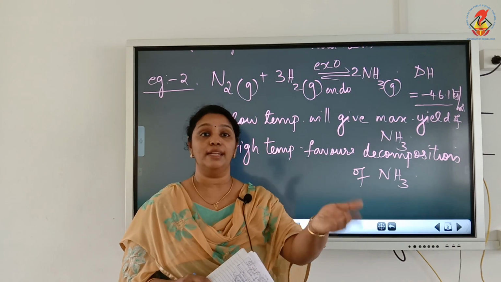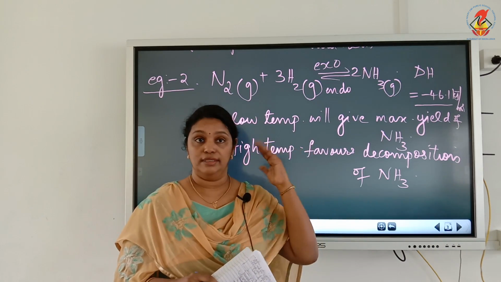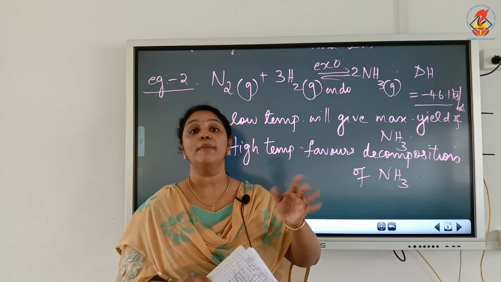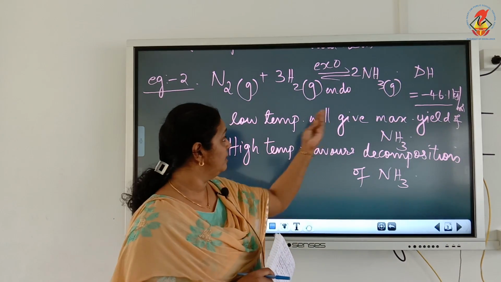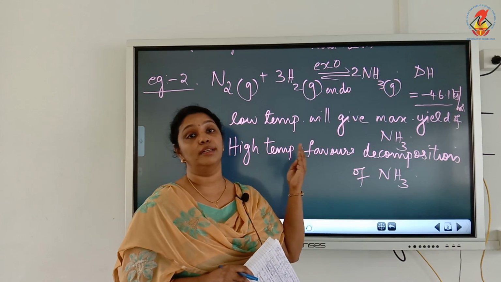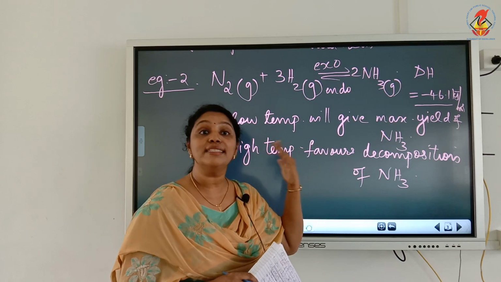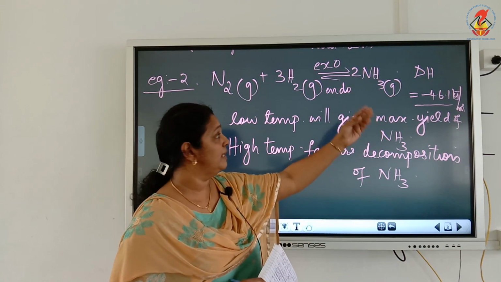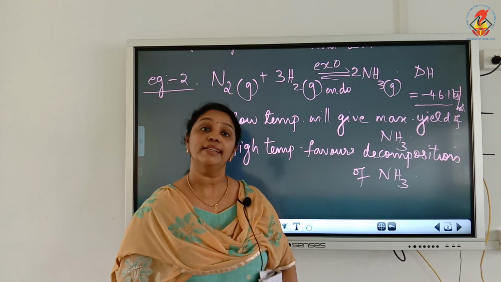I have supplied heat. So the reaction will try to lower that increased temperature by absorption. And we know in this case it is the backward reaction which is endothermic. So when I increase the temperature for this reaction, the backward reaction will take place.